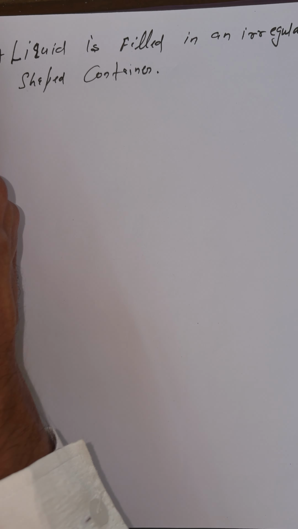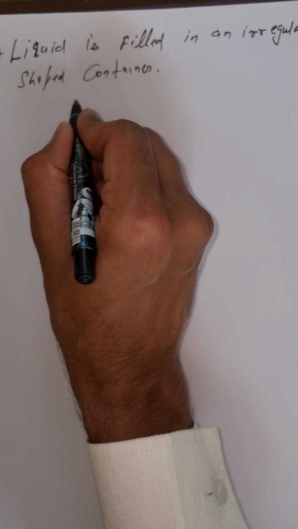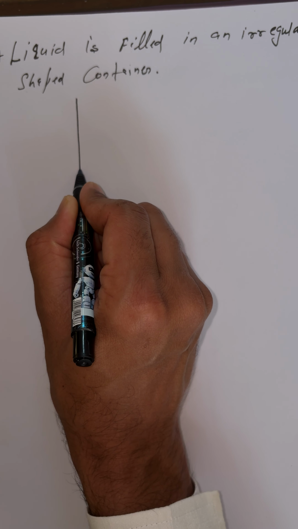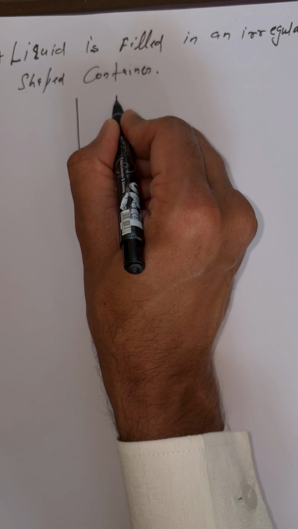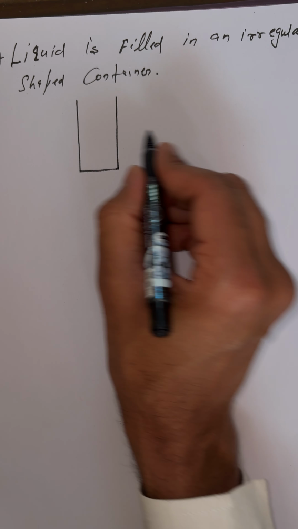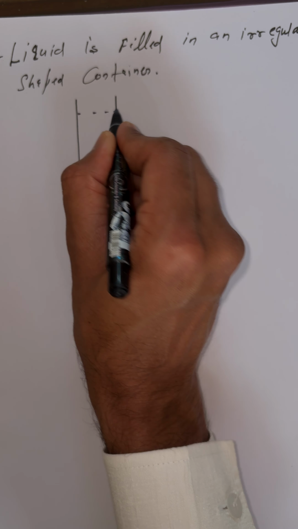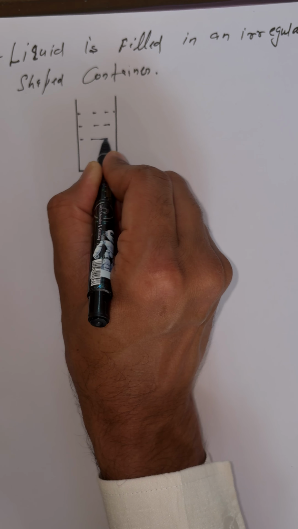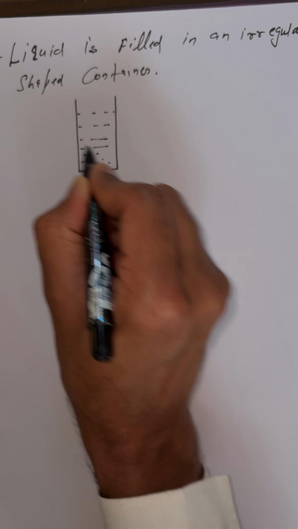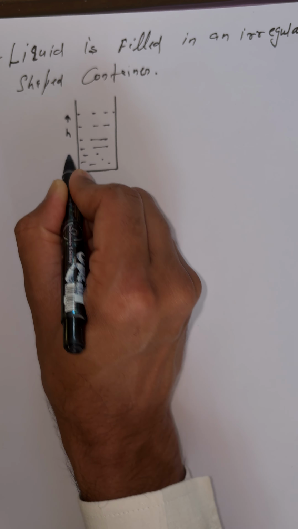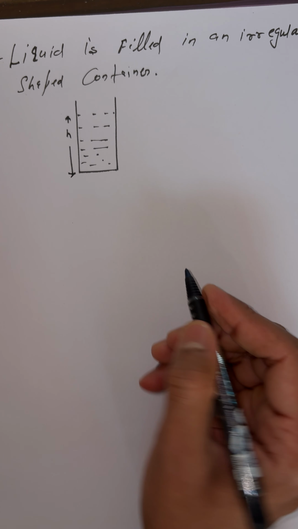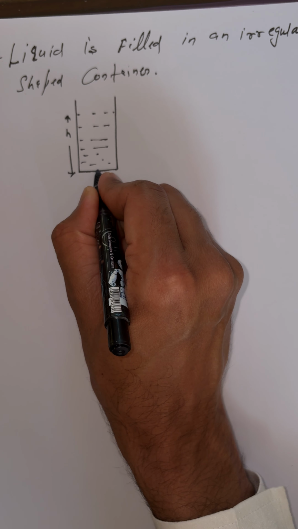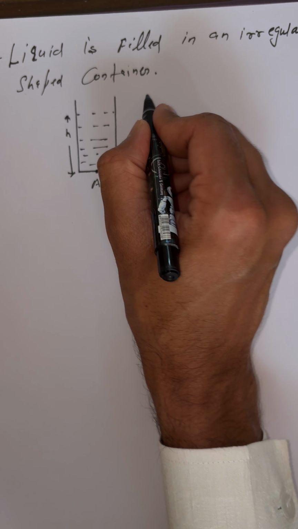That is one more core point, students. Let us suppose I'm considering this is container A, in which the height remains h only. I'm calling this point 1.